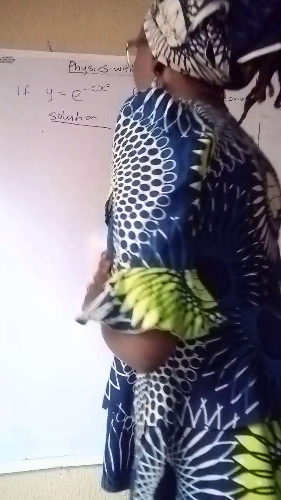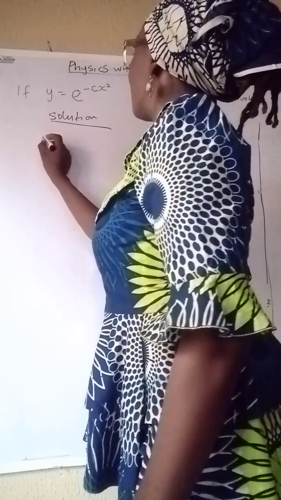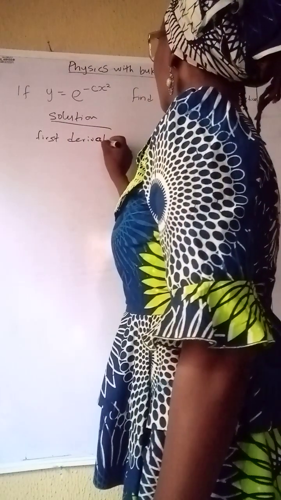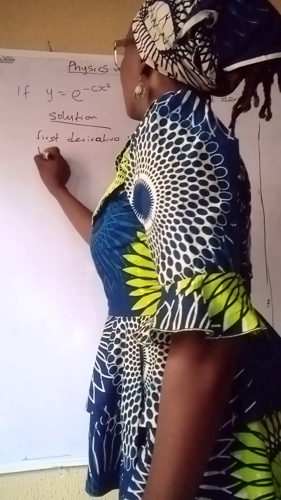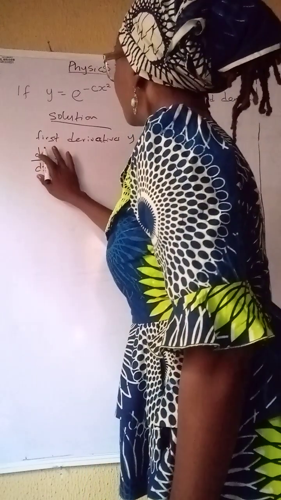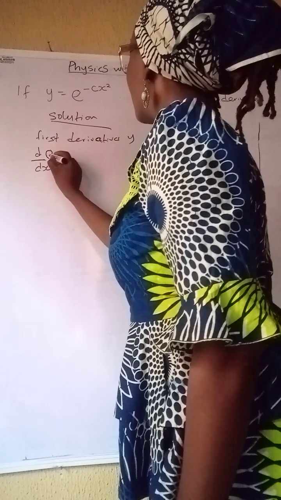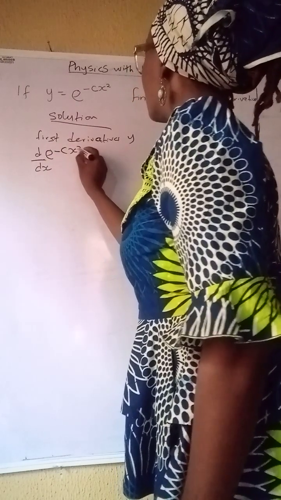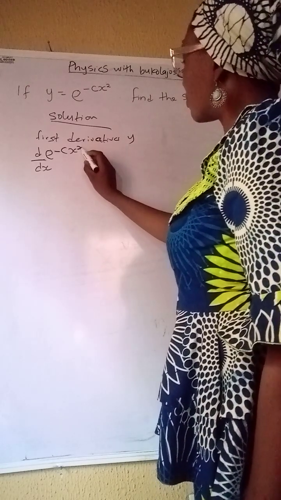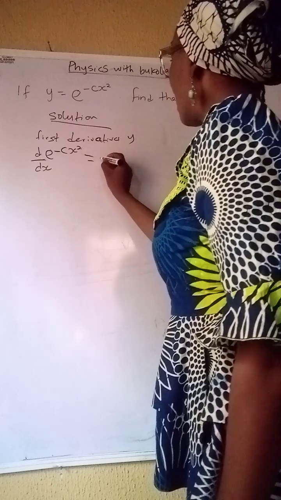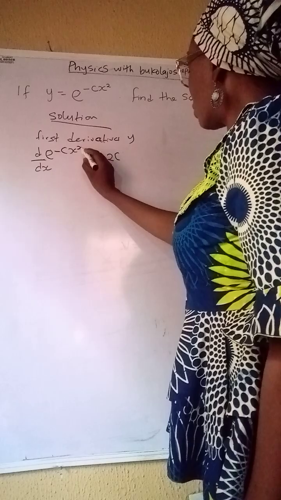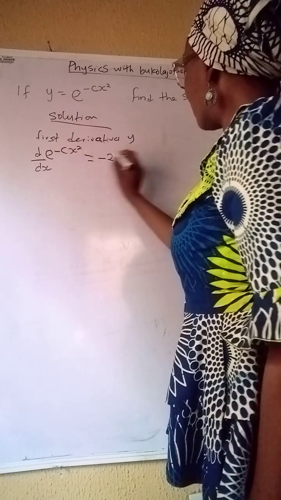Let's do this. Finding the first derivative of y, we have dy/dx equal to, let me substitute the y, e^(-cx²). You still remember this rule, so we'll multiply by the derivative of the exponent: we have minus 2c, 2 minus 1 gives us 1, so we have x.